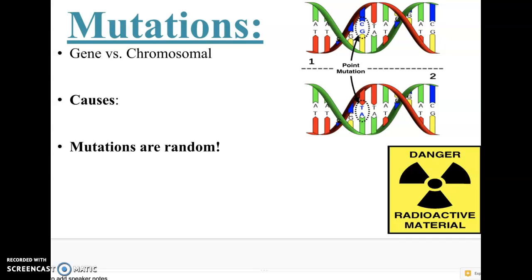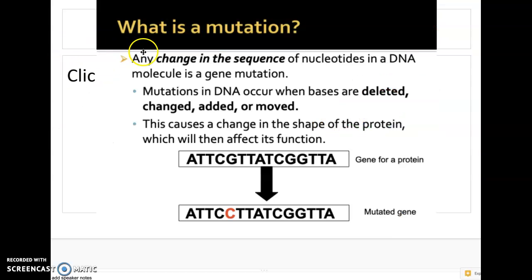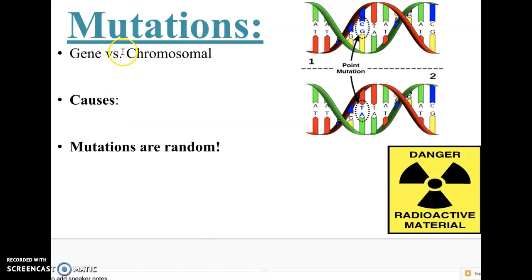Before we get into the type of mutations we're going to talk about today, which are mainly gene mutations, there are 2 main types of mutations that can occur. Gene mutations, which are sometimes called point mutations, versus chromosomal mutations. We'll talk about these later when we get into genetics. Chromosomes are large segments of DNA that have lots of genes on them.